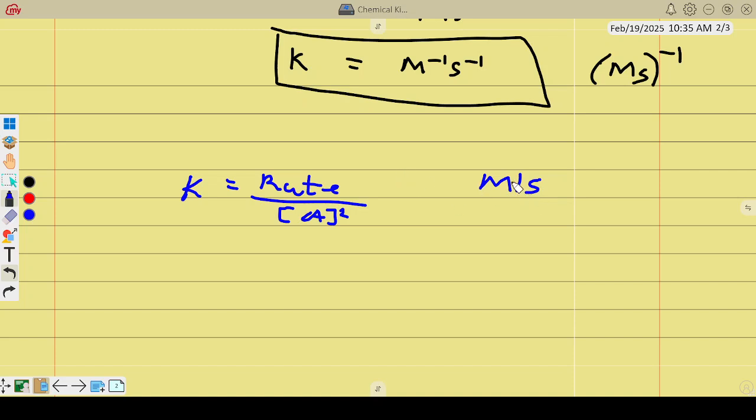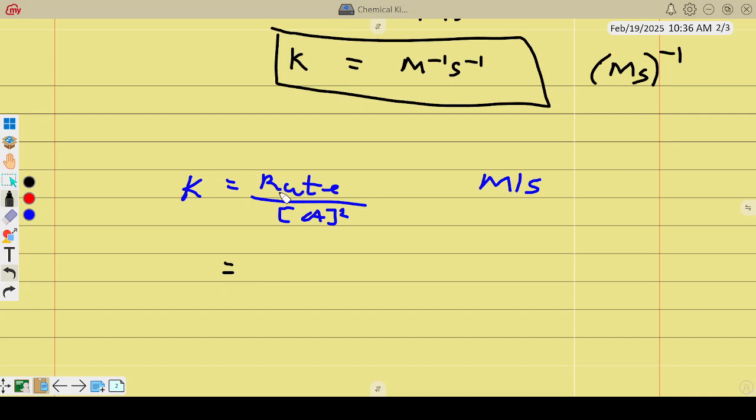But if they want, instead of molar, they'll put mole per liter. Mole per liter simply means molar, because concentration is the amount of moles per volume. So where there is molar, we can use moles per liter, and that's how we're going to derive the other units.